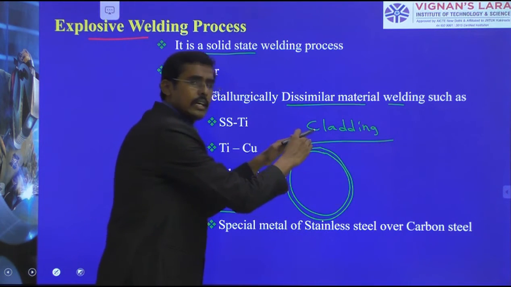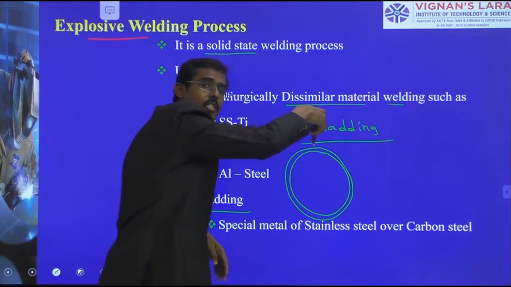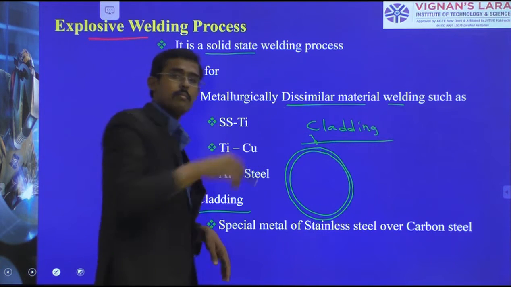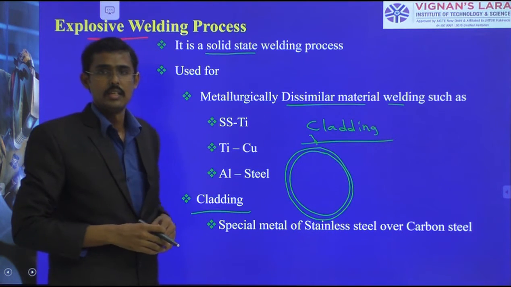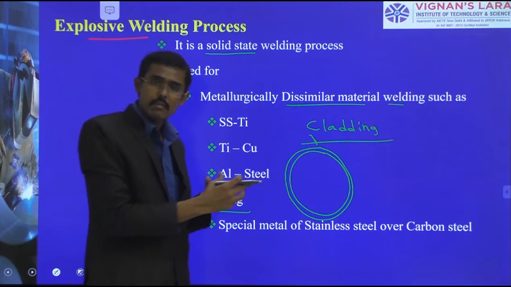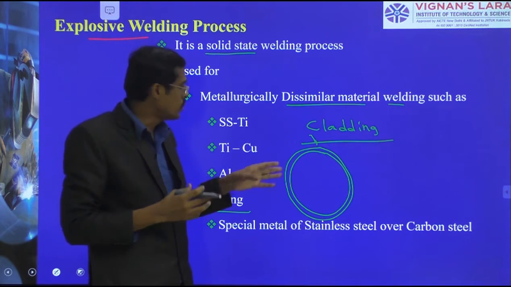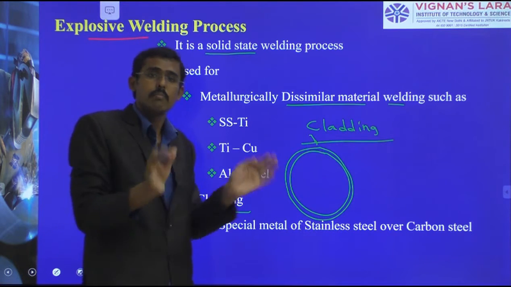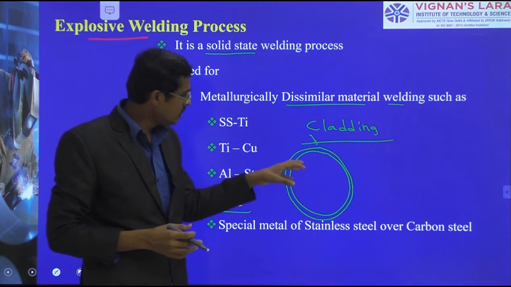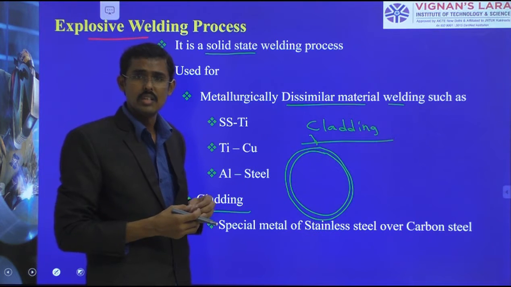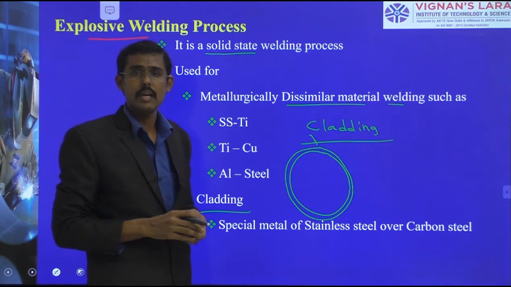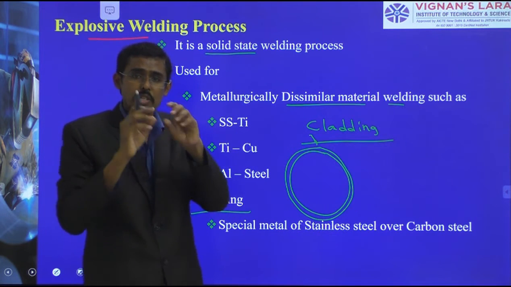We have bent it and done submerged arc welding at the top. Now inside the boiler, the steam heat exchanging process will happen. Due to this high heat, the inner part of the boiler plant will get corrosion.